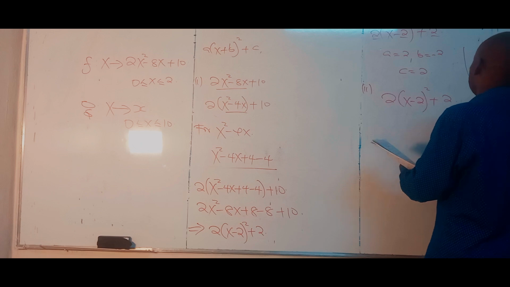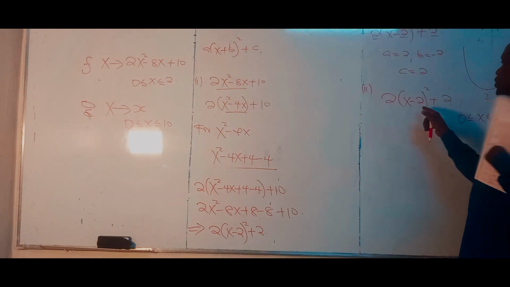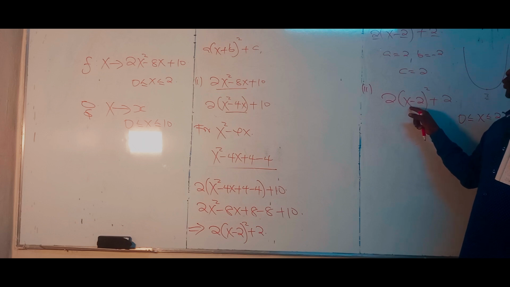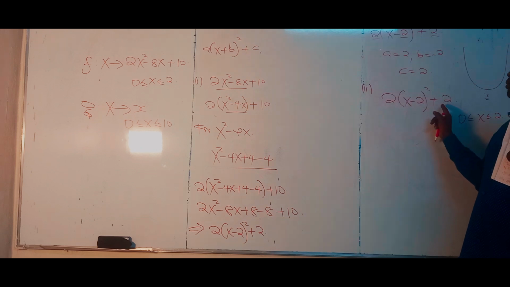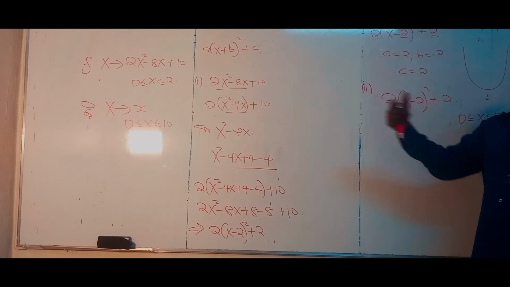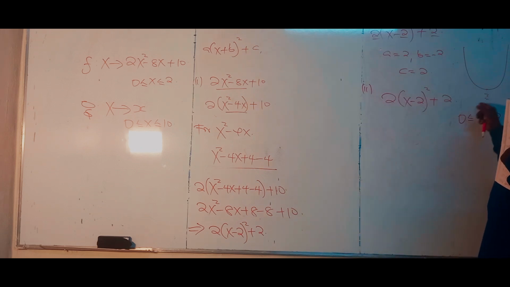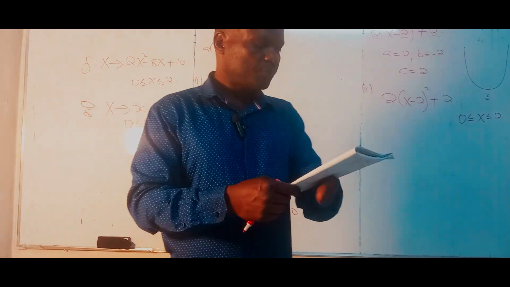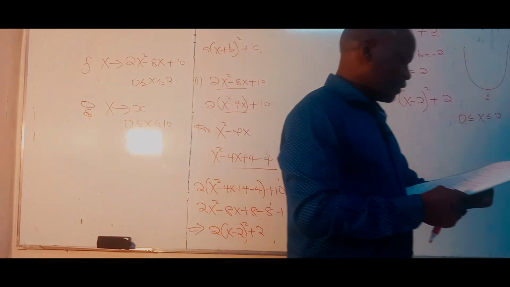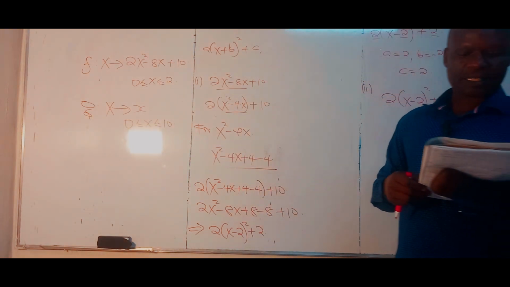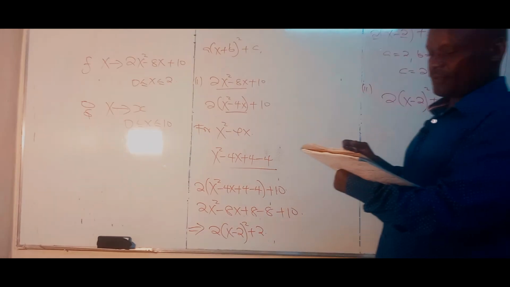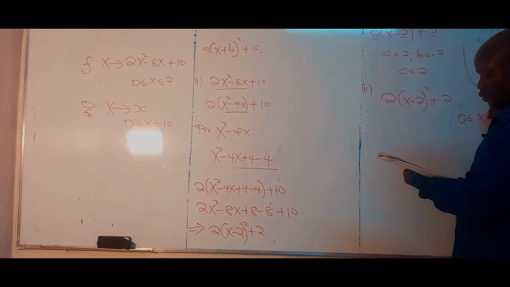It's the minimum. Because you see that if I substitute, if I take x to be 2, then all of this will be 0 and I'll be remaining with 2. So it means that when x is 2, y is 2. So what I'll say is that the expression shows that f of x is a parabola that opens upwards, with its vertex at x is 2.